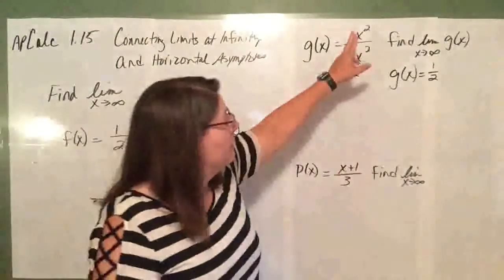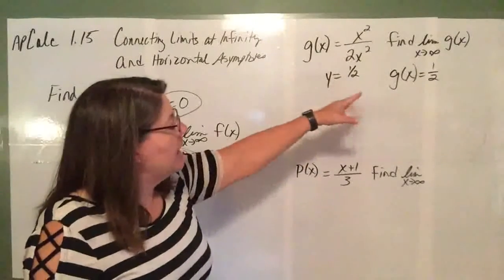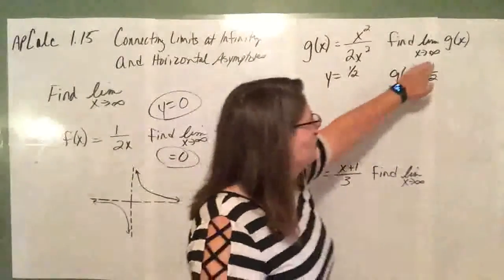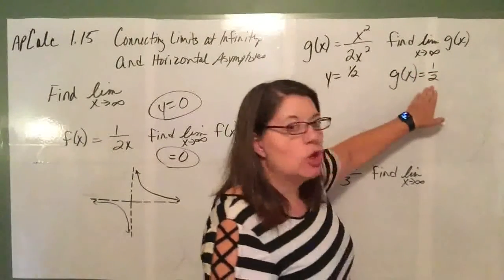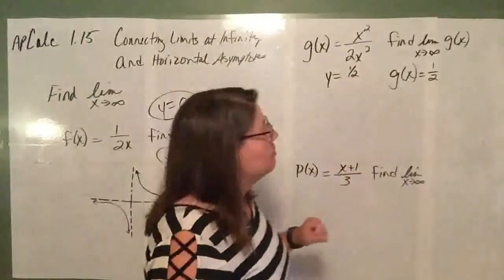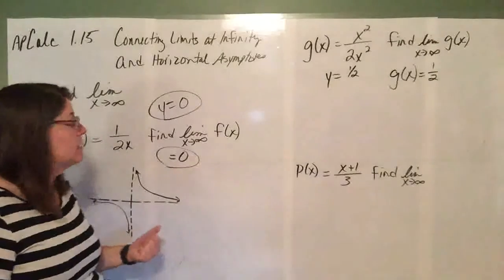Because the x squared and the x squared are both going to cancel out, okay? So if that's the case, g of x equals 1/2, well, isn't the limit as x approaches infinity for this going to be 1/2? Wasn't that one of our properties? Okay, so plugging numbers in still works here. We can plug infinity into the equation and still get the answer.